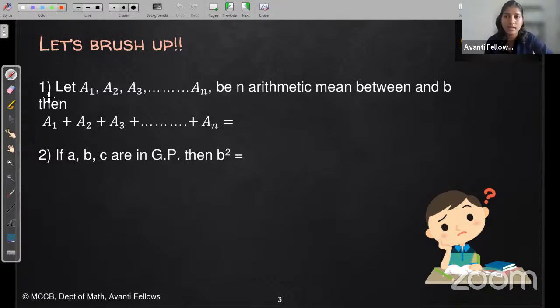The first question is, let A1, A2, A3, and so on up to An be n arithmetic means between A and B. Then what will be the sum of those n arithmetic means? We learned this in the previous class, and I had given homework based on this property also. Answer me in the chat box.